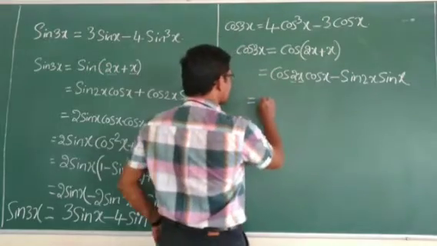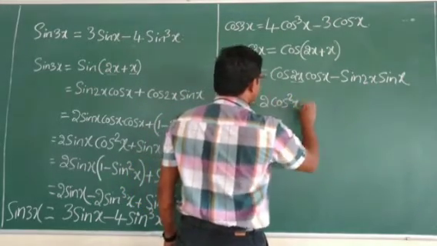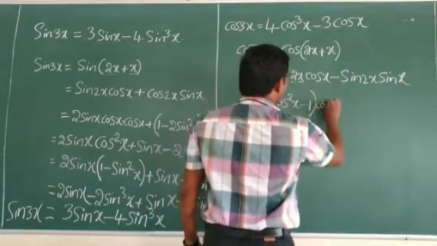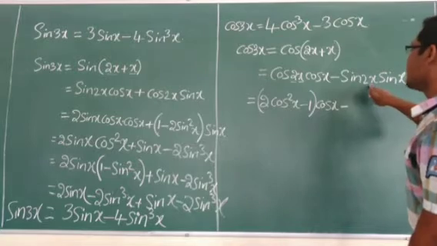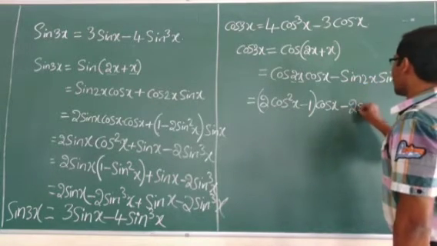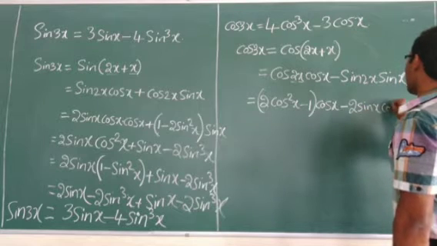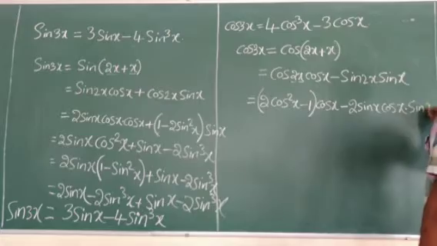Cos 2x can be written as 2 cos square x minus 1, into cos x, minus, again we convert this sin in terms of cos. Sin 2x is 2 sin x into cos x, and the other sin x we write the same.